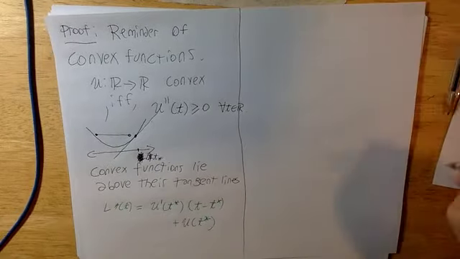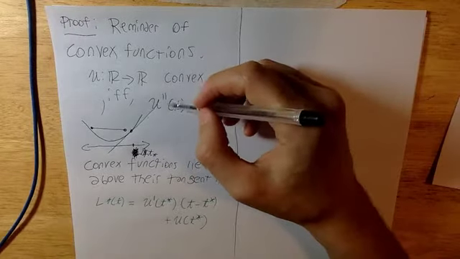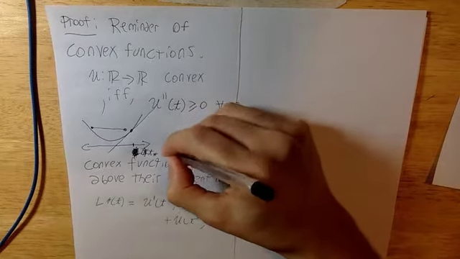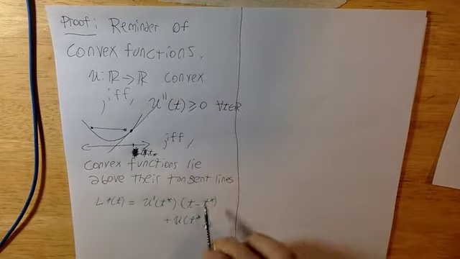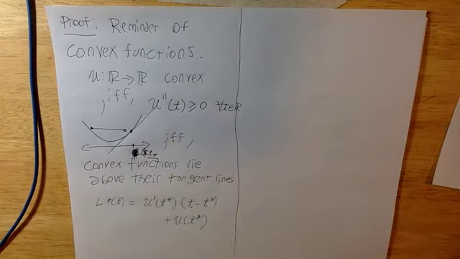Okay, so another characterization of convex functions is: if and only if u second is positive, if and only if it lies above its tangent line. Okay, and so the tangent line at t star is given by this thing here.